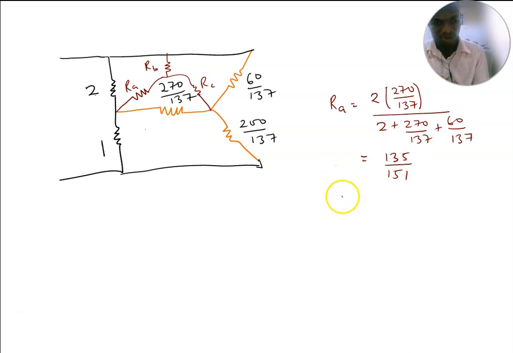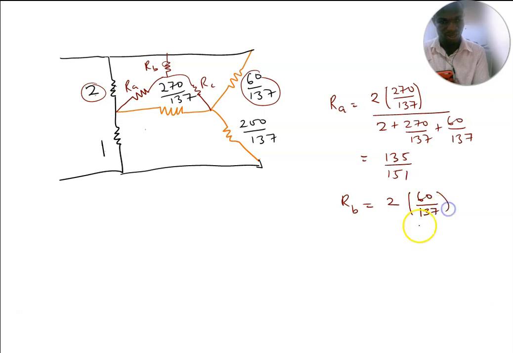What about RB? RB is going to be 2 times what? Times 60 on 137. This RB, the adjacent resistors are 2 and what? And 60 on 137. So it's going to be 2 times 60 on what? 137. All on what?